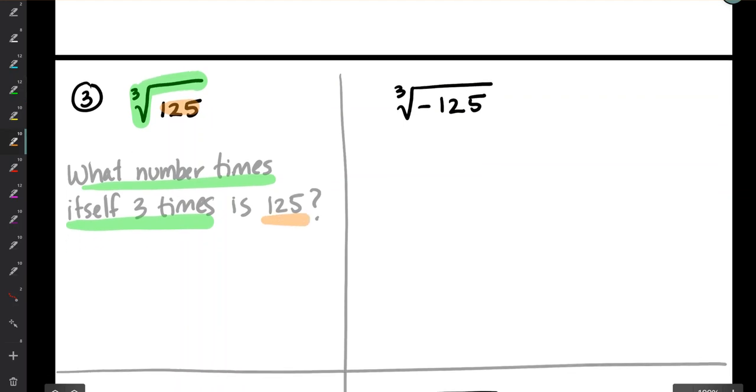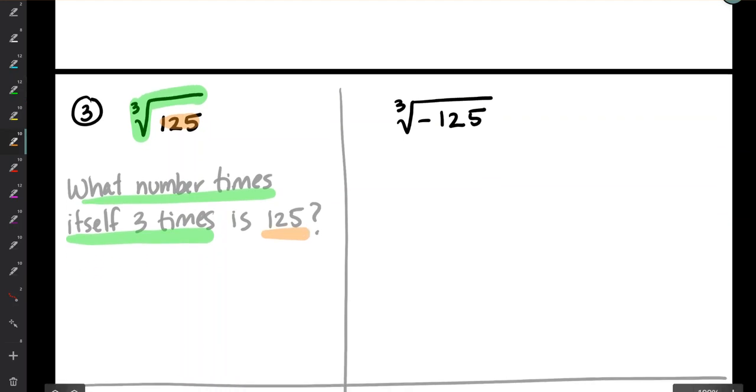And 5 times itself 3 times is 125, so 5 is our answer. 5 times 5 is 25, times another 5 is 125. You could even write 125 as 5 cubed. The cube root of 5 cubed is just 5.